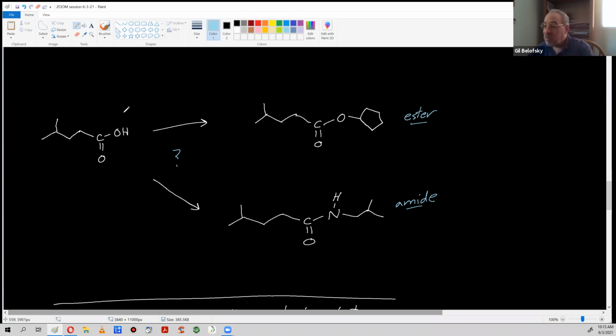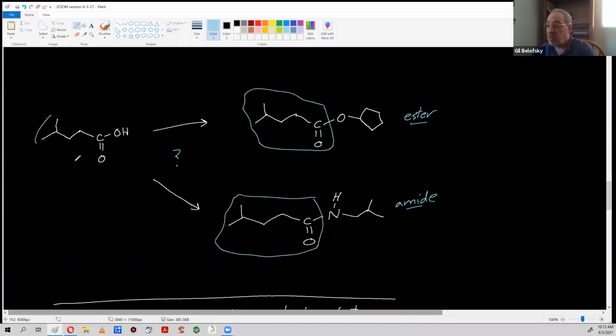Clearly this component is donated in both cases by the carboxylic acid, right there. And in the top case, when you're making an ester, we need an alcohol that looks like this. That's pretty much the alcohol that you can use to make this ester.